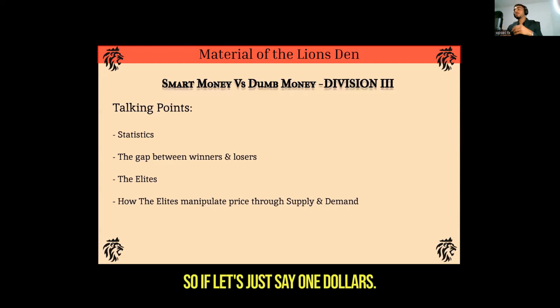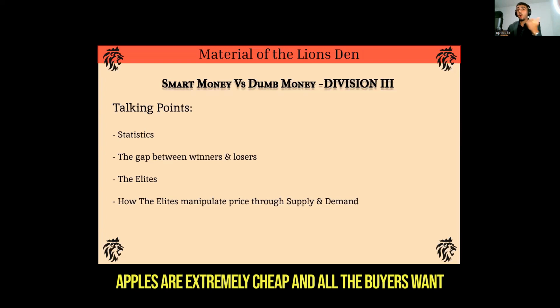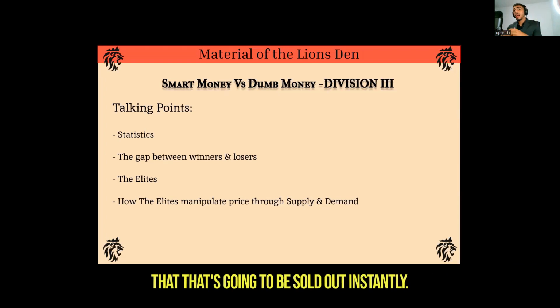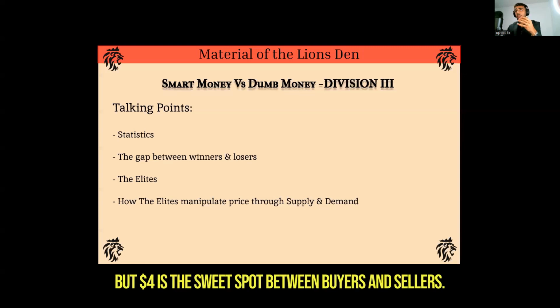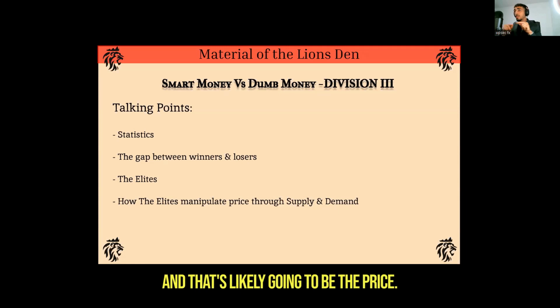So if $1 apples are extremely cheap and all the buyers want that, that's going to be sold out instantly. $2, everyone wants that. Sold out instantly. $3, everyone wants that. Sold out instantly. But $4 is the sweet spot between buyers and sellers, and that's likely going to be the price which price fluctuates around.